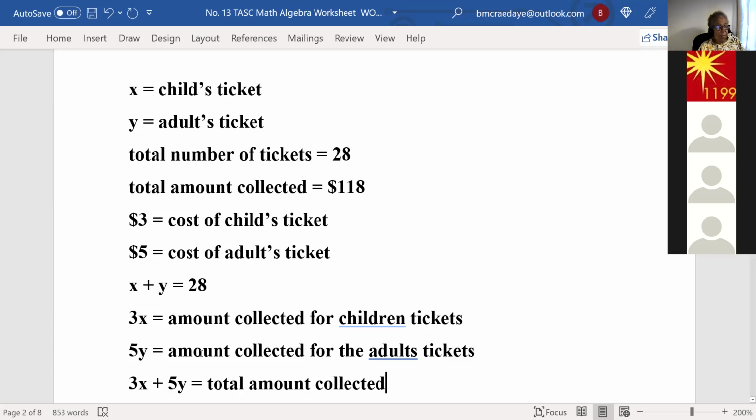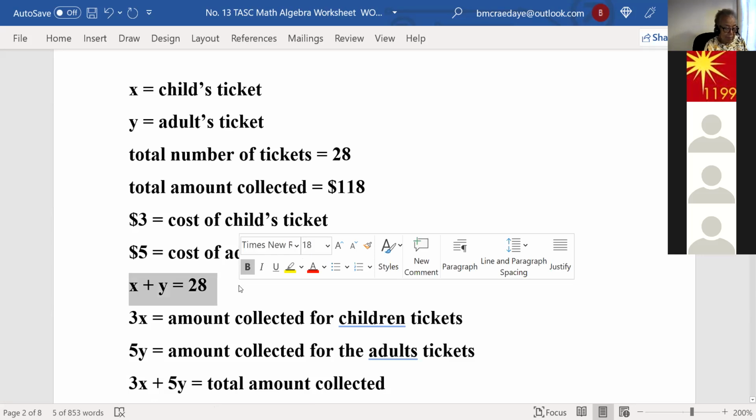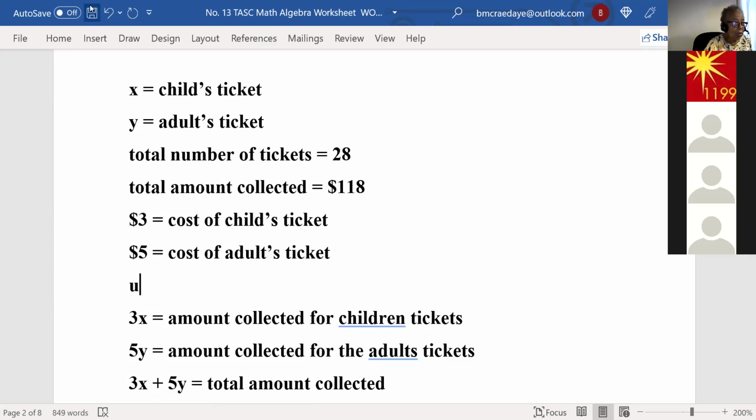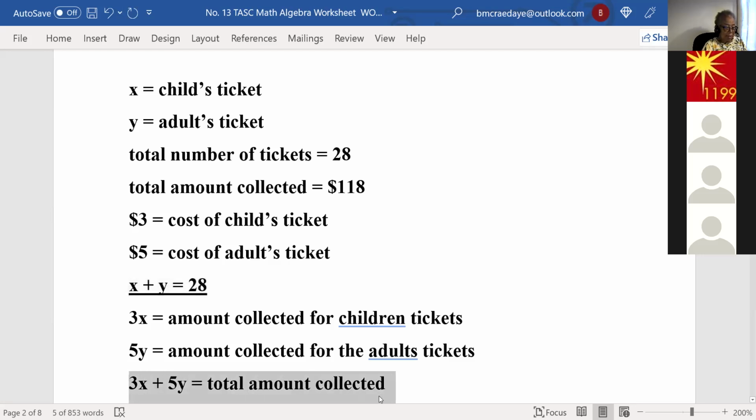We know that the number of children's tickets plus number of adult tickets is 28. We know the total amount collected is 3X plus 5Y. Which one of those expressions shows both this and this? What do you say, Maureen? D. Yep, that's the answer.